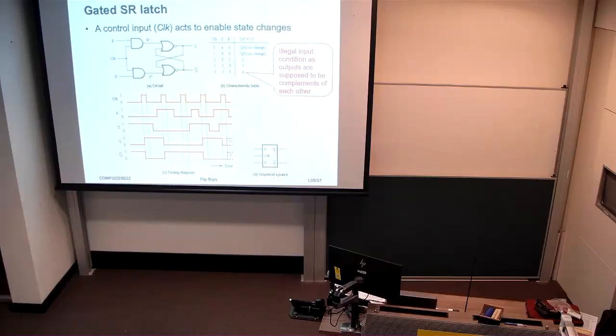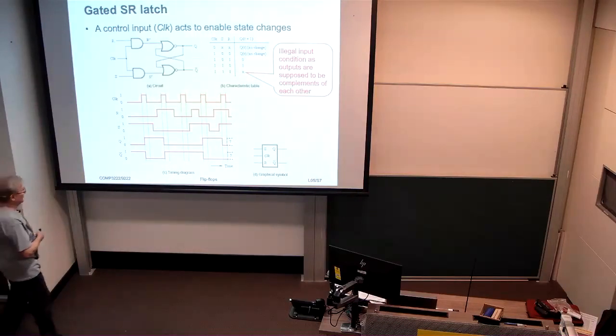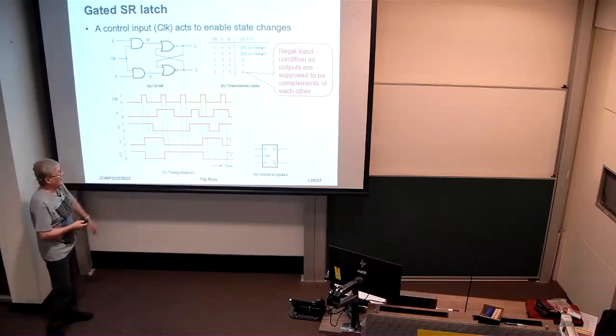Before that, may as well make the point that the input when R and S are both 1 is, strictly speaking, an undesirable input because when both R and S are 1, R prime and S prime are going to be 1, and therefore Q and Q bar both go to 0, which is what we see here in this timing diagram.